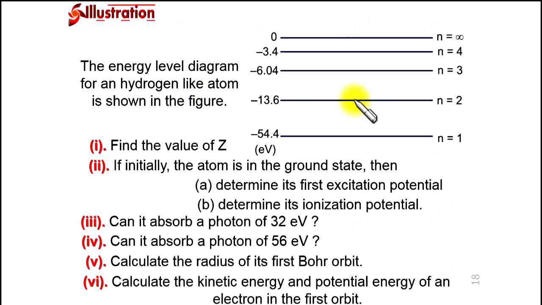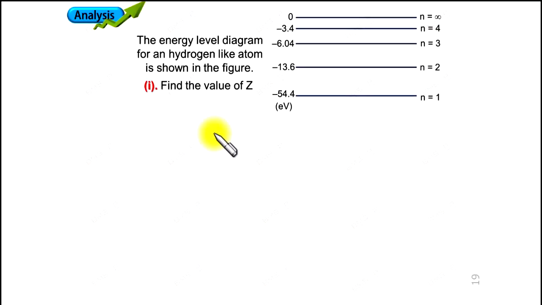Let us make the energy level diagram, and let us first analyze the first part of the question, to calculate the atomic number Z. You can observe here n equal to 1, energy is minus 54.4. These are the energy levels.